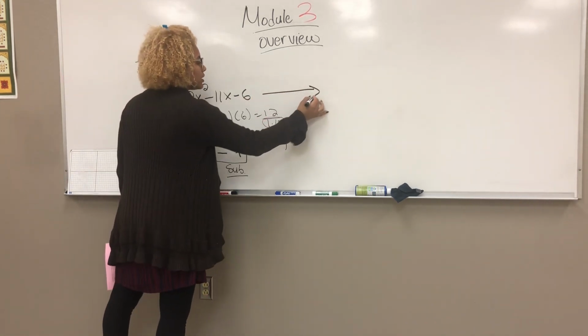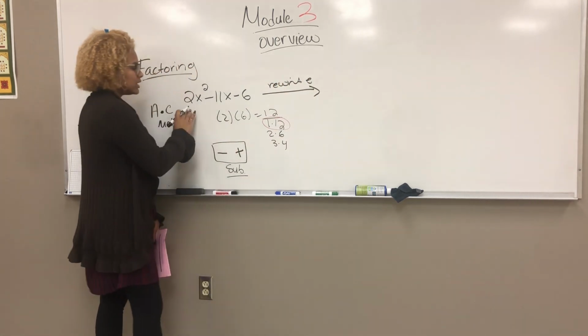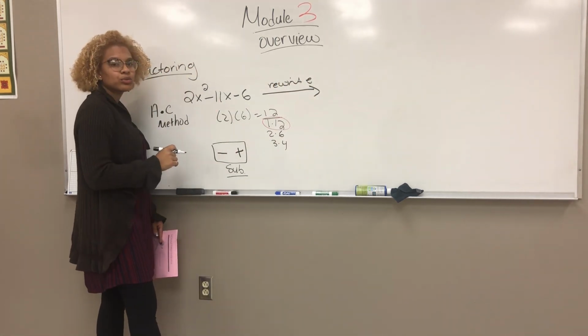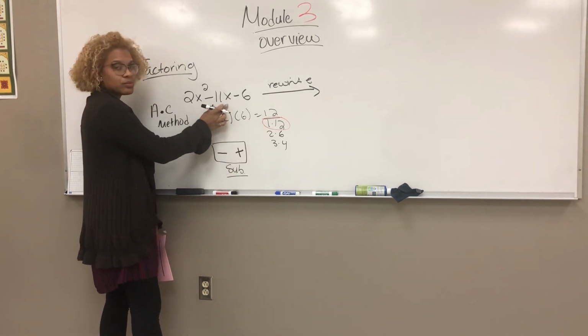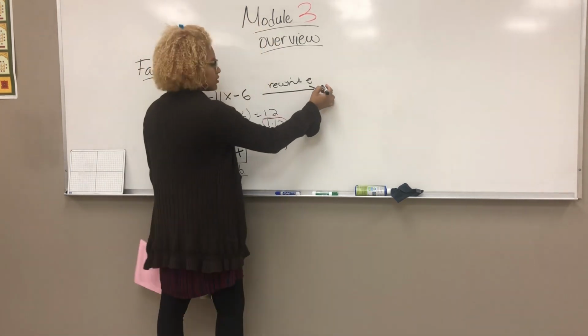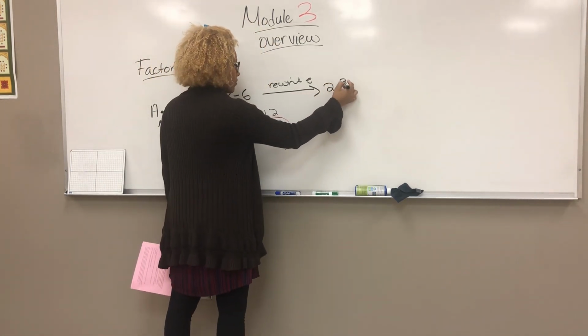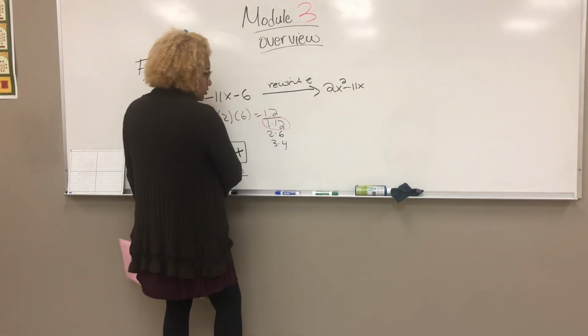So then I'm going to go ahead and rewrite. I'm going to rewrite this trinomial as a polynomial of 4 terms using 1 and 12 to replace the negative 11. So I now have 2x squared minus 11x. I'm sorry, not 11x, 12x.